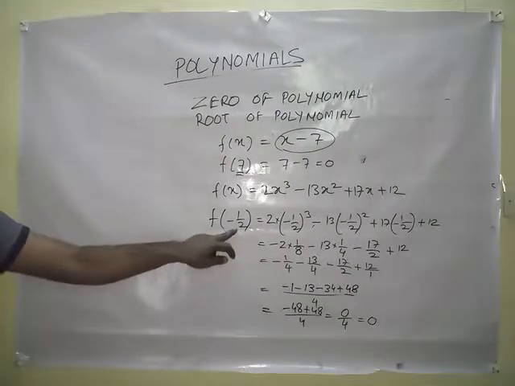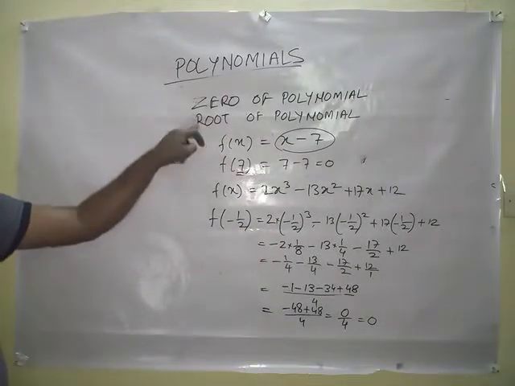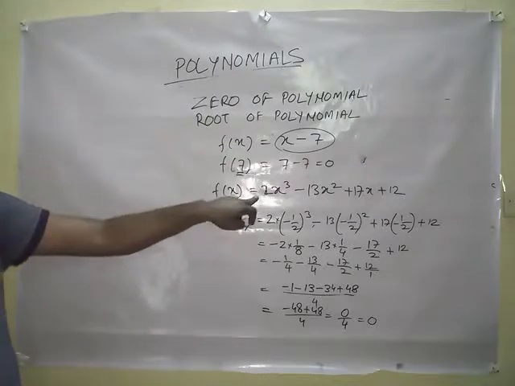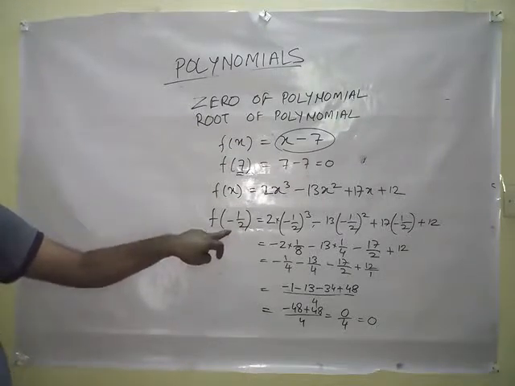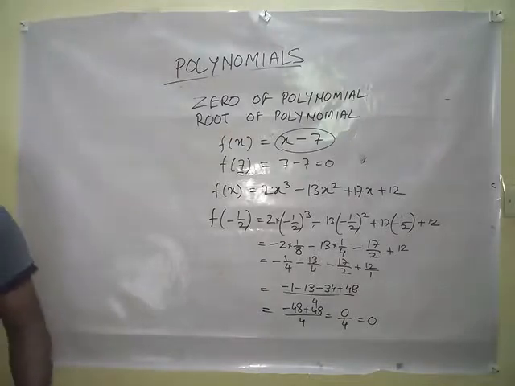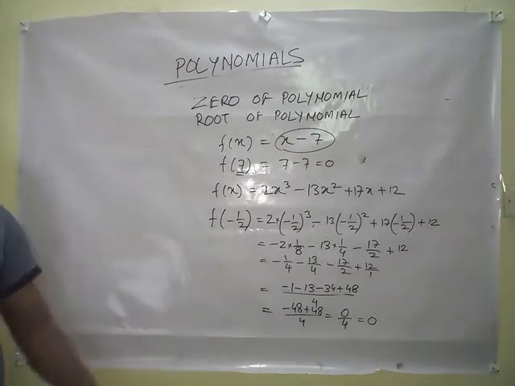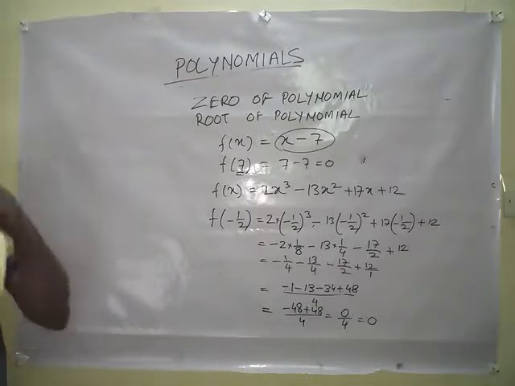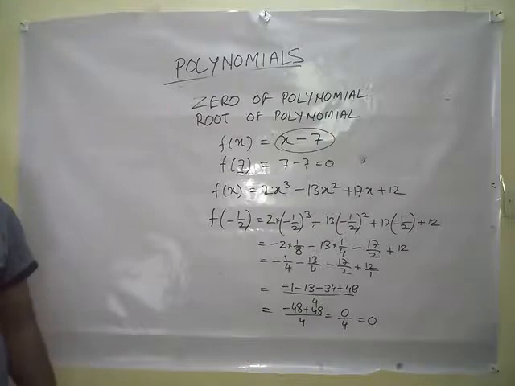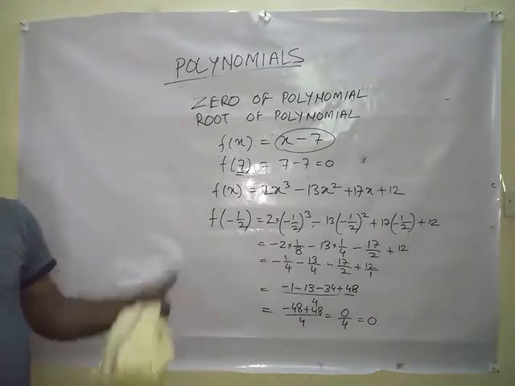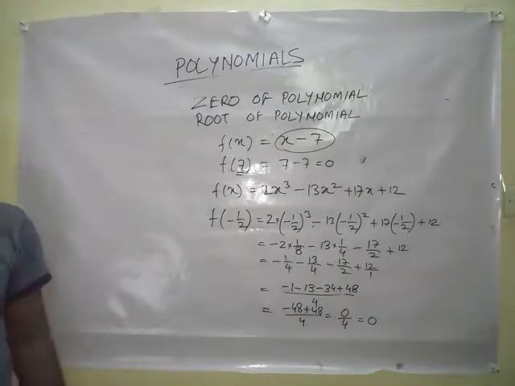So here the zero or root of this polynomial equation is minus 1 upon 2. So that is what you have to remember, because this type of question will come to you in the exam.